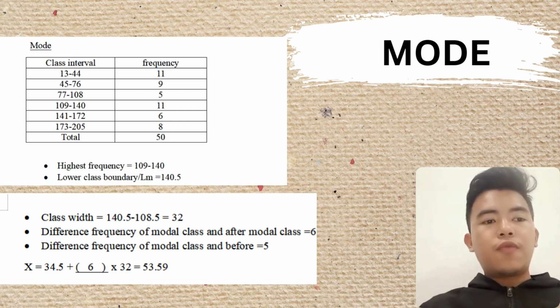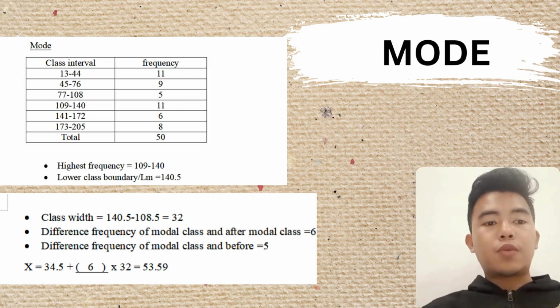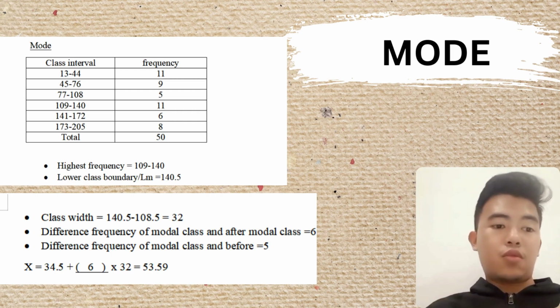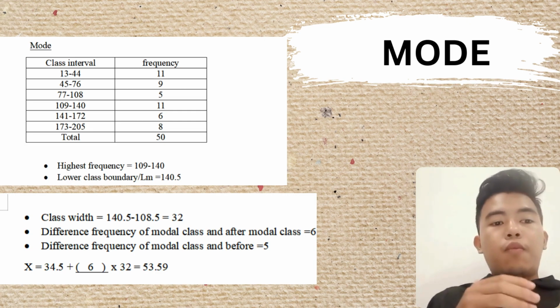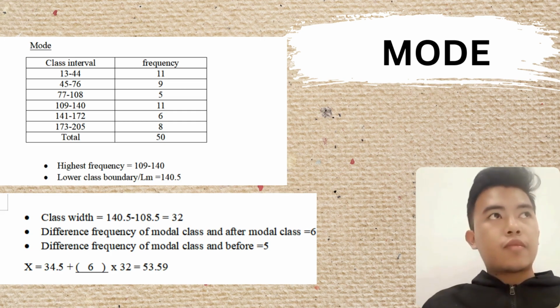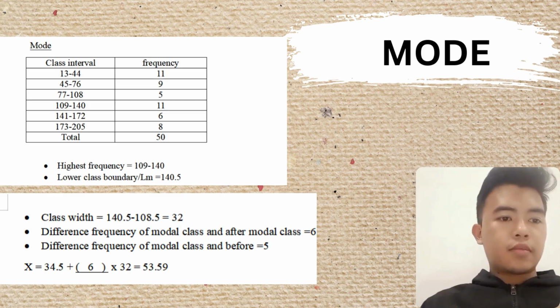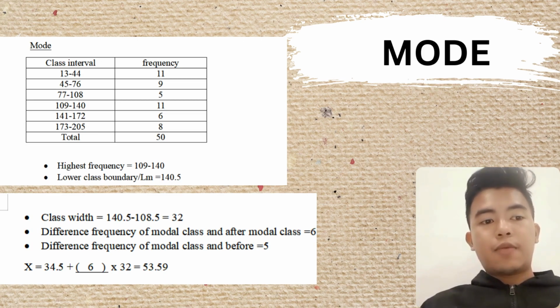The lower boundary for this is 140.5, and the class width is, as we know, 32, and the difference between the modal class frequency and the frequency before it. The frequency before is 6 and after the class is 5. We can see here the data, 6 plus 5.